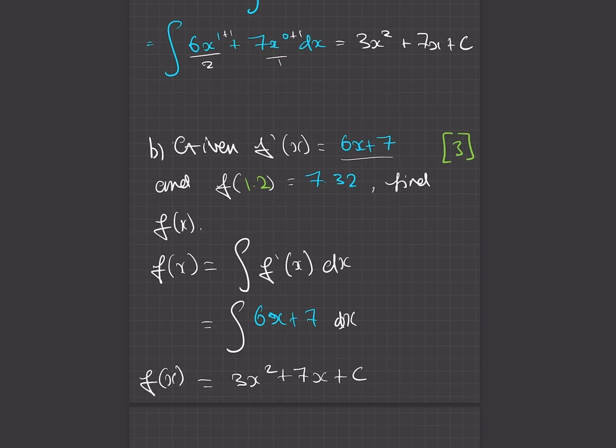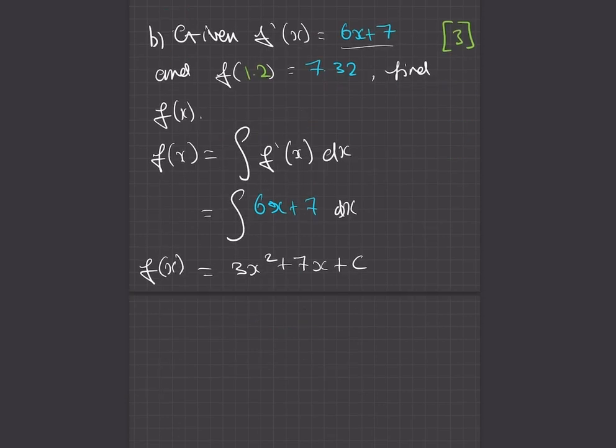But they've given us a condition. f of 1.2 is equal to 7.32. That's equal to 3 times 1.2 squared plus 7 times 1.2 plus c. It's a paper 2, so we can use our calculator.